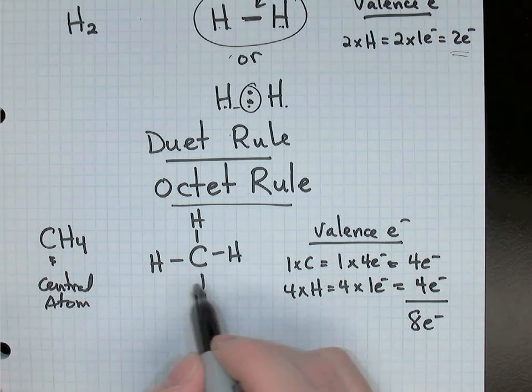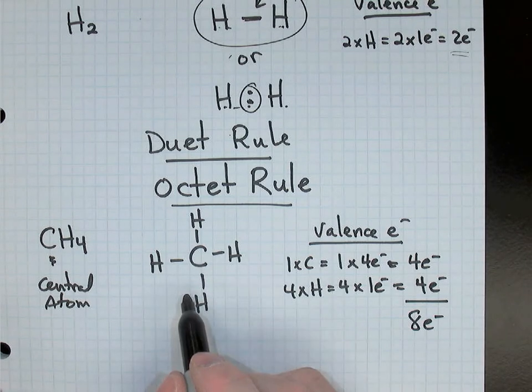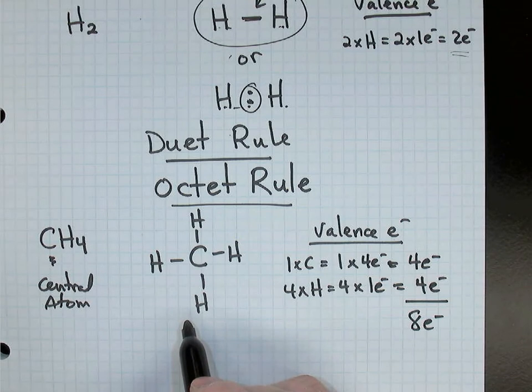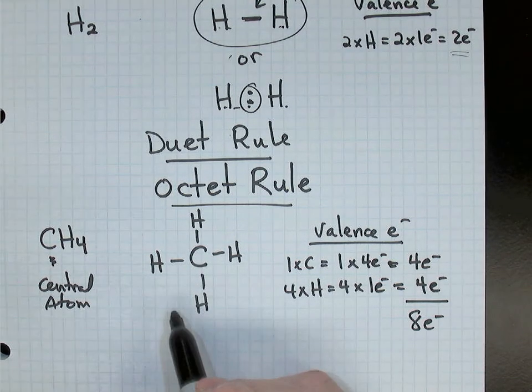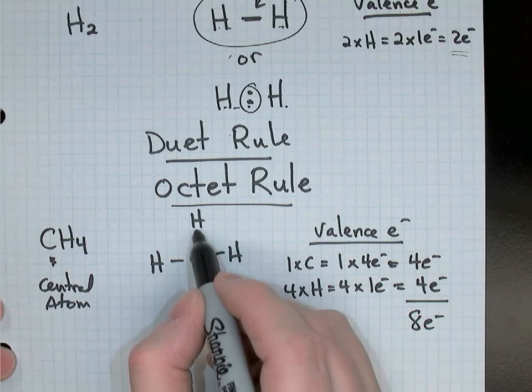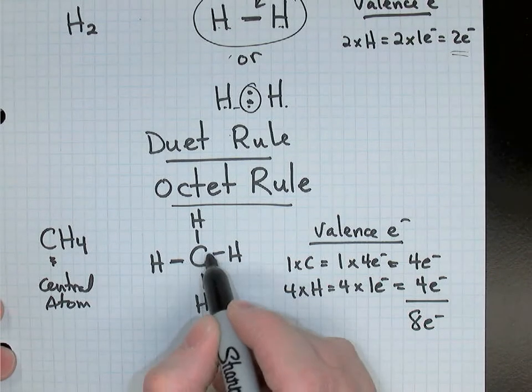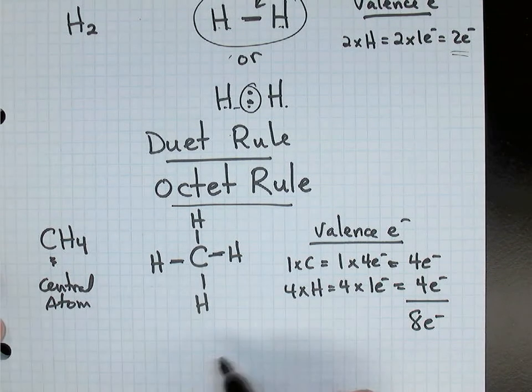In simply connecting the atoms like this, and remember that's one of the basic reasons we draw a Lewis diagram, to show the connectivity, we've used with the 4 single bonds already 8 electrons. So each of those bonds is 2 electrons, so 2 times 4, we've used the 8 electrons that we brought to the molecule.